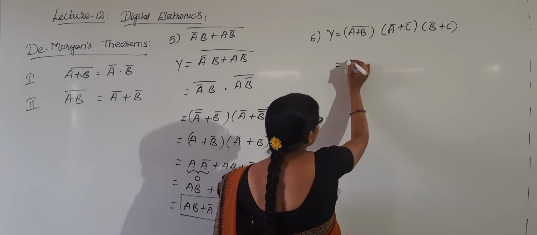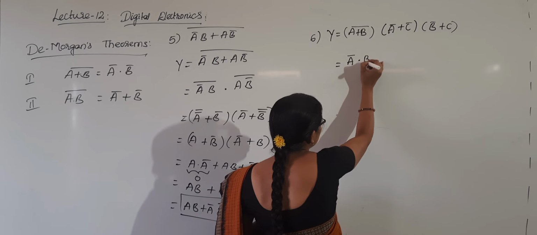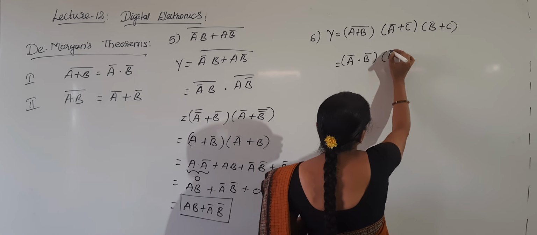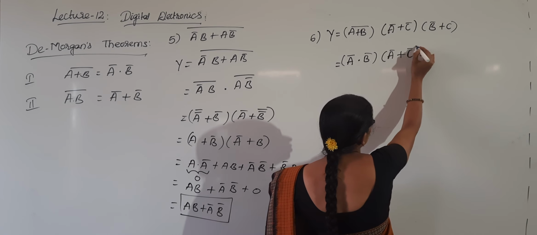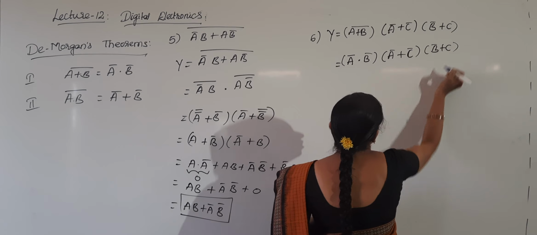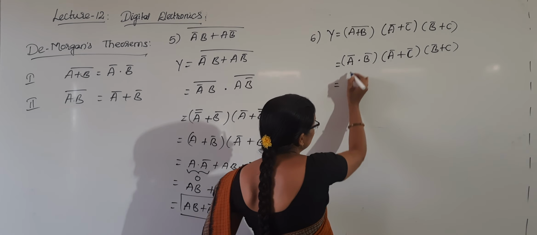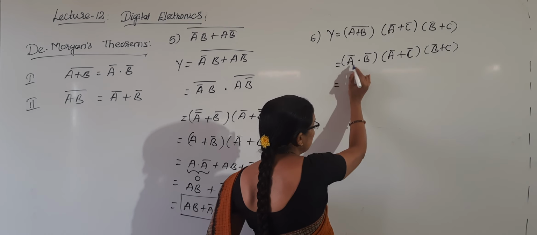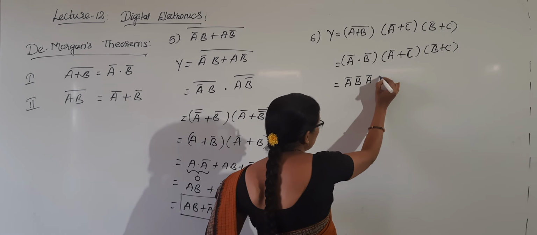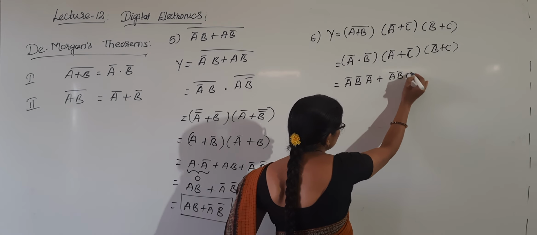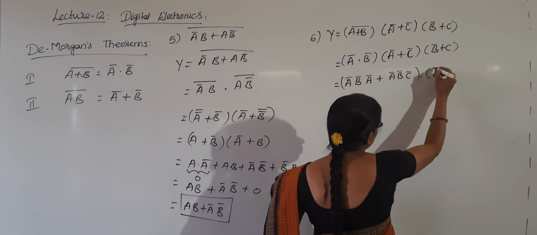So if I split this, it will be a bar dot b bar, a bar plus c bar, b bar plus c bar. I will write like that only. Here a bar b bar into a bar, it is a bar b bar a bar plus a bar b bar c bar, plus b bar plus c.